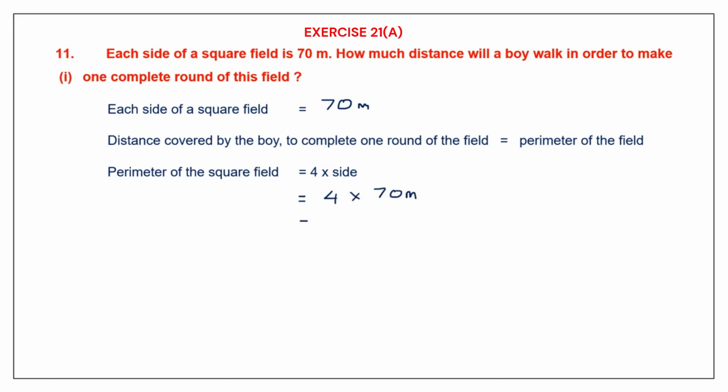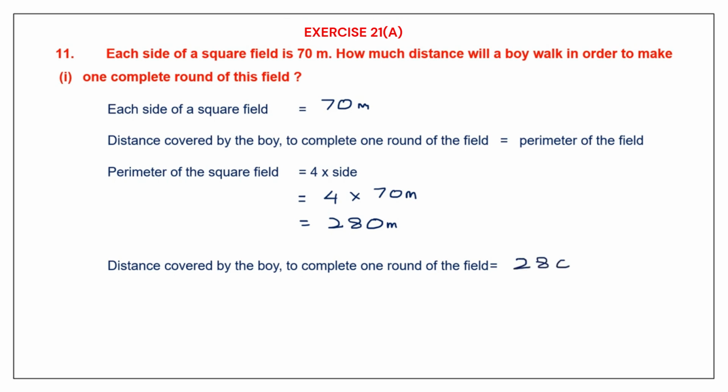So 4 into 70, 7 fours are 28 and put a 0, 280 meters is the perimeter. So distance covered by the boy to complete one round of the field is 280 meters. This is the answer to the first question.